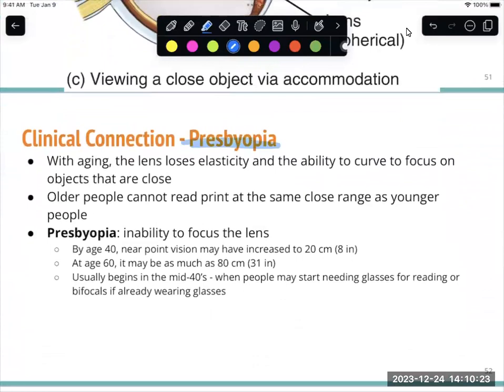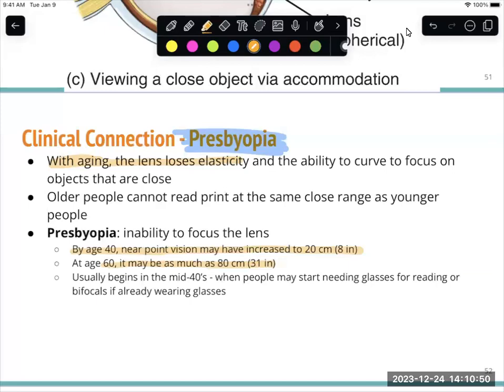Presbyopia. As I mentioned, with aging, that lens will lose its elasticity and its ability to focus. So by 40, that near point of vision is usually about 8 inches away from their face. By 60, it can be up to 31 inches from their face.